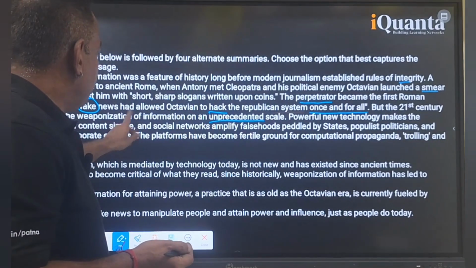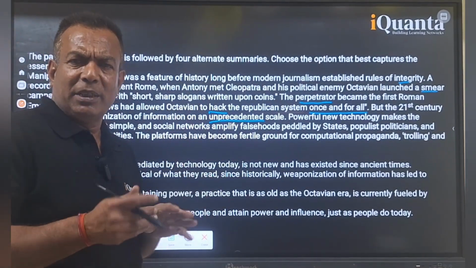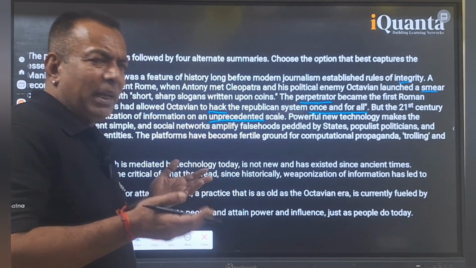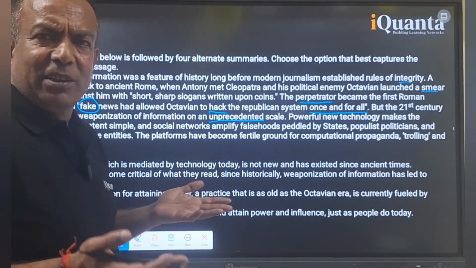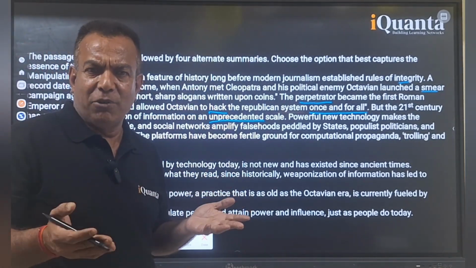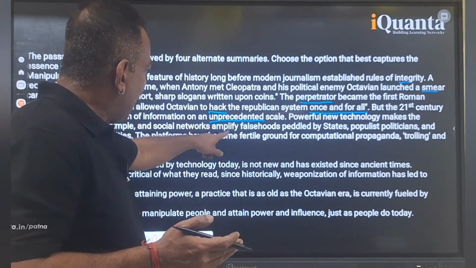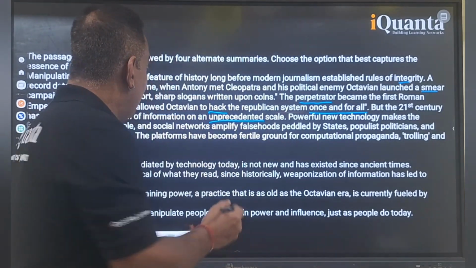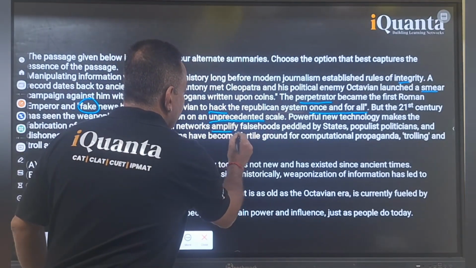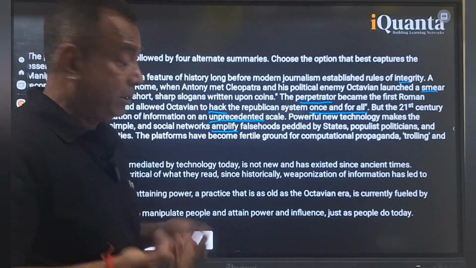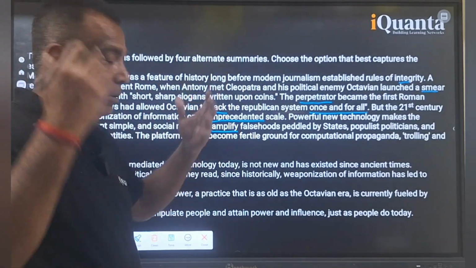Fabrication of content, simple. It is very simple nowadays, with the help of technology, to make up something that is not right or that is harmful for somebody. And social networks amplify falsehood. Amplify is to make it bigger. Like for sound, you have amplifiers. So you make it bigger.